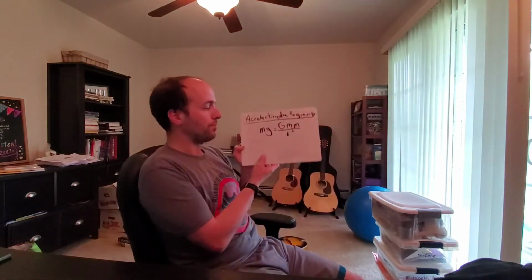So let's set those equal to each other. We'll have m times g, little g, equals big G times M times m over r squared.